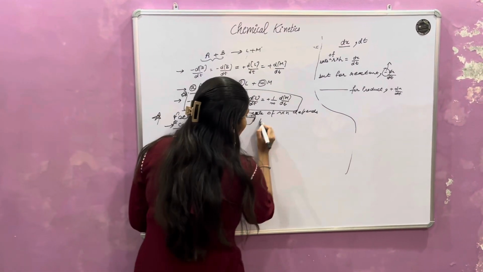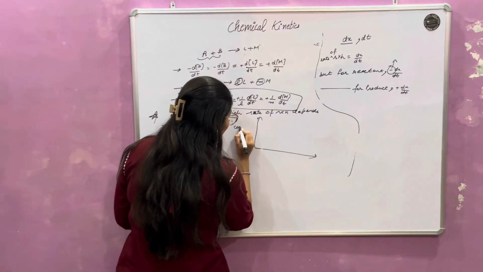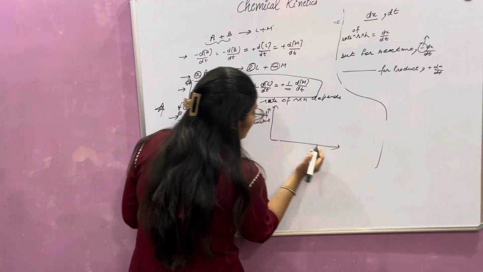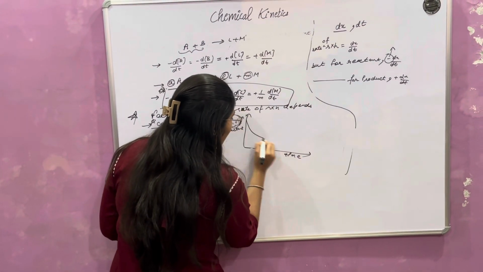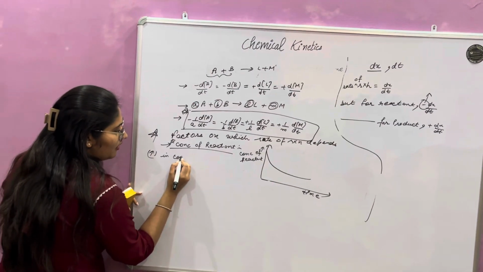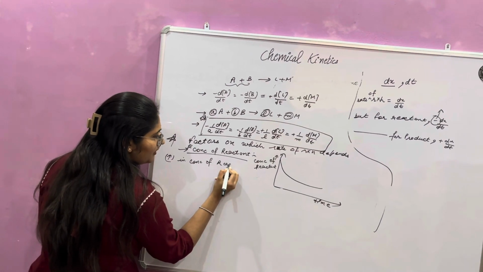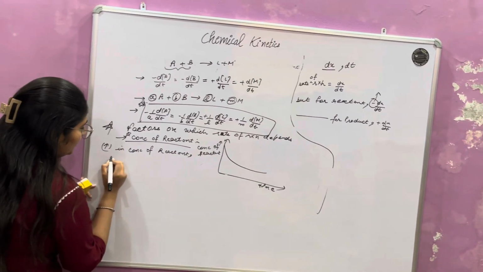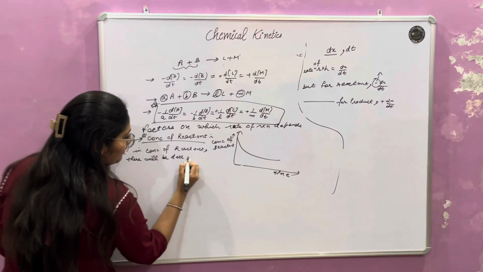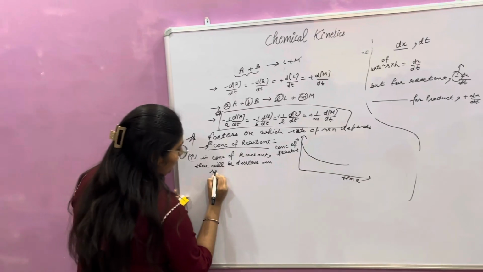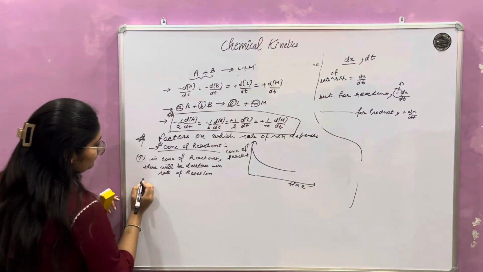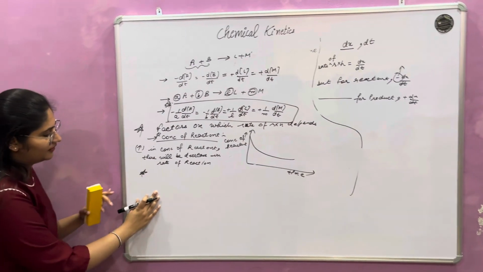The graph of concentration of reactant with respect to time decreases. Okay? Like I am saying, a decrease in concentration of reactant means a decrease in rate of reaction.